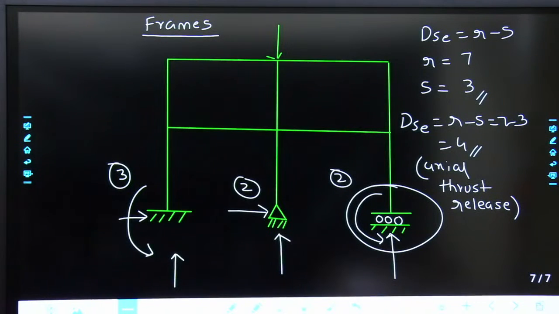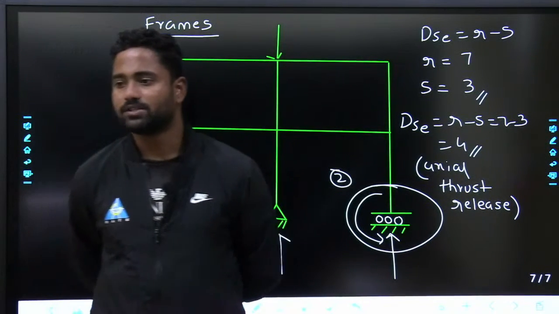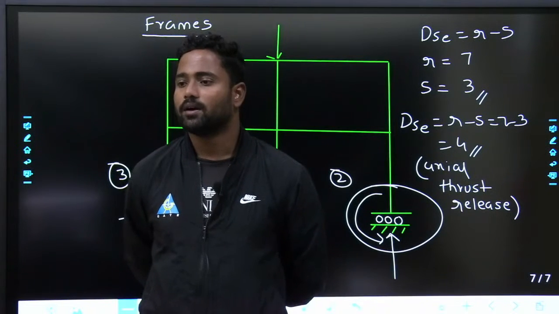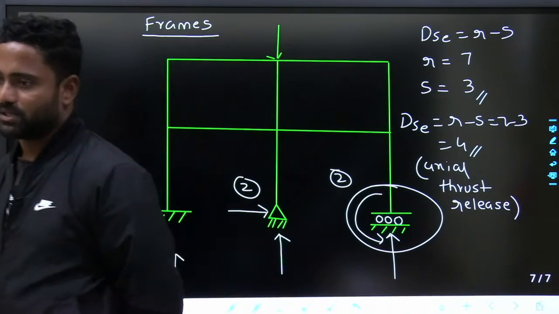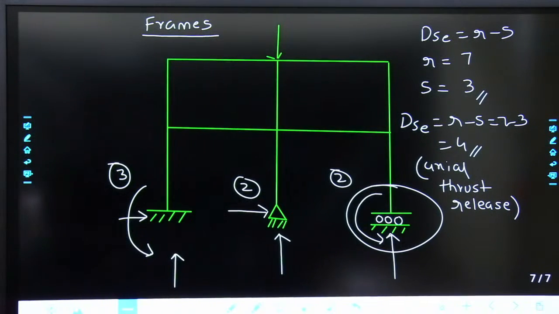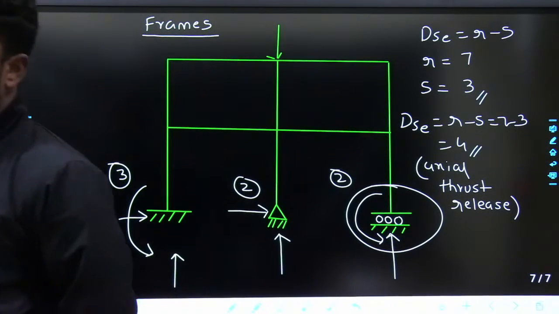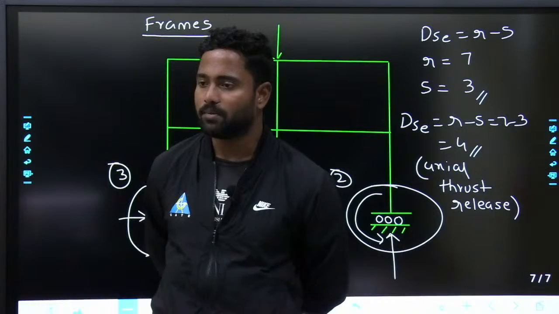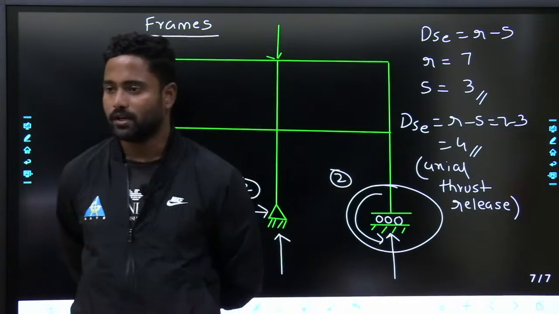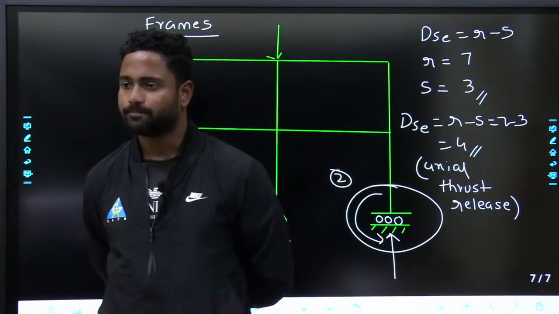So I have discussed till now beams, trusses, frames, external indeterminacy. DSE is equal to R minus S. The concept is simple, R minus S, number of reactions is this one, number of equilibrium equations is also 3. Fine? Yeah.